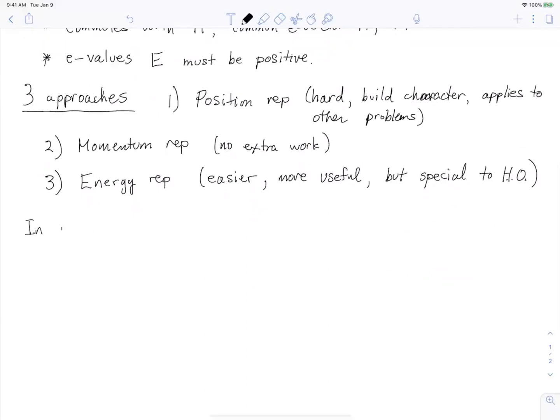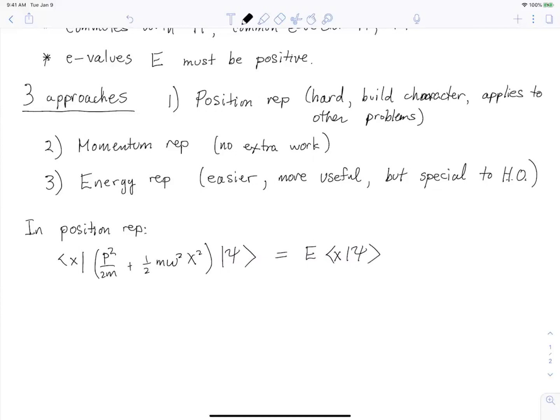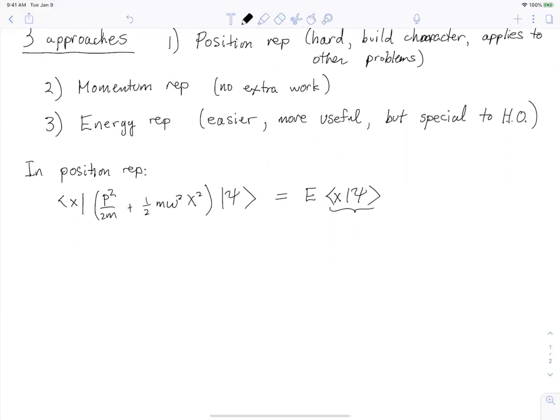In the position representation, that means we're going to write things by taking an inner product with a bra on the left, <x|, of the equation we want to solve, which is the Hamiltonian, p squared over 2m, plus 1/2 m omega squared x squared, times the energy eigenstate we want, is equal to the energy eigenvalue times <x|psi>. And <x|psi> is by definition the wave function.